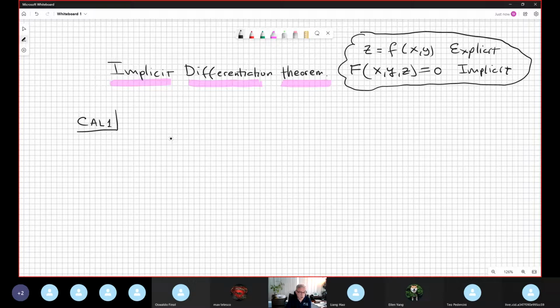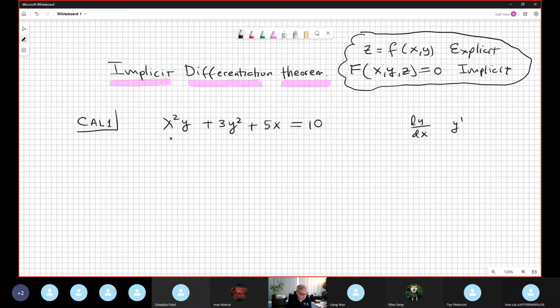Let's suppose, what is the project that we are doing in Cal 1? Well, I don't know exactly how your teacher in Calculus 1 is doing it, but suppose this. I want to find the famous dy/dx in Cal 1, or y prime, either way.